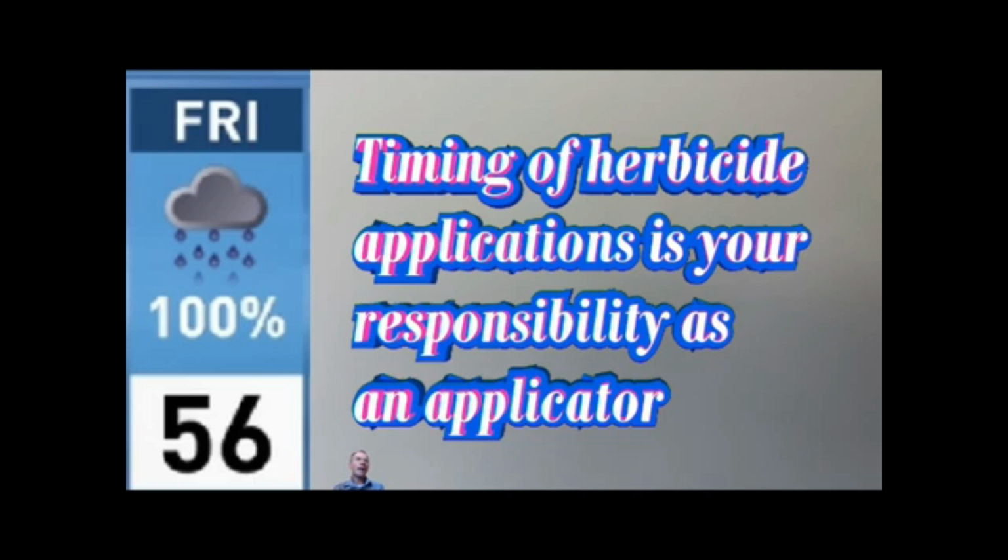As you can see, timing of herbicide applications is your responsibility as an applicator. Whether you're at a technician level, a certified supervisor, or a certified operator, you're the one making those decisions. You need to really watch the weather and think about what you're doing so you make correct applications at the correct time to make sure they're as effective and as safe as possible.